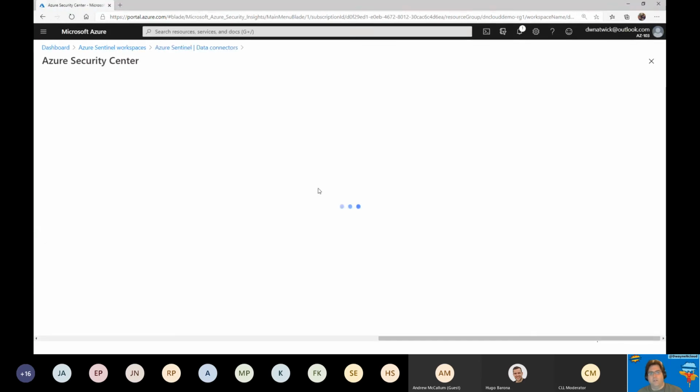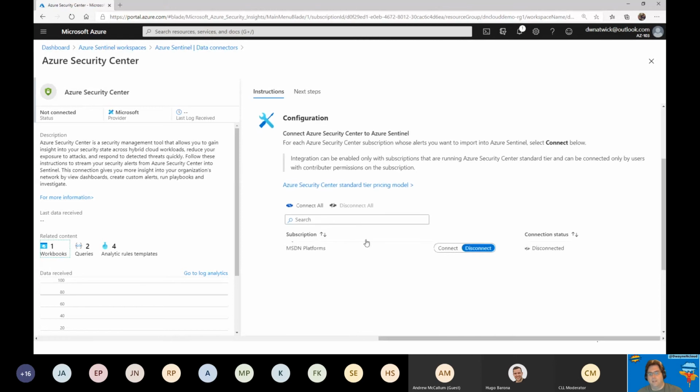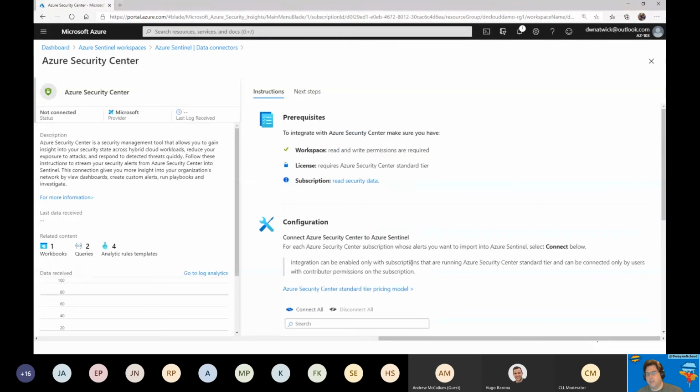So you can connect your Security Center subscription right into Sentinel. What Sentinel will then do is take the information that's coming into Security Center, run queries on that information, and create incidents based on, for example, failing your audit or you not having multi-factor authentication in place.